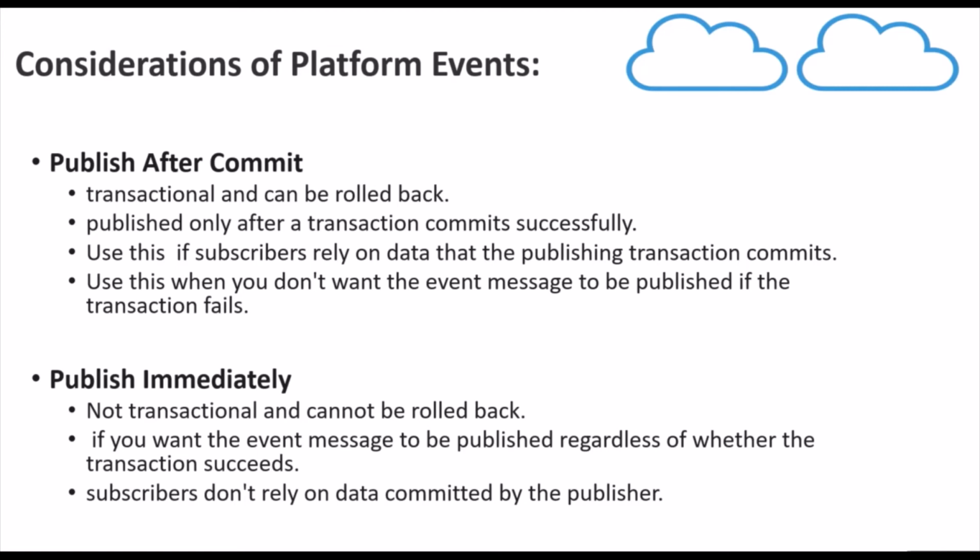The other behavior is publish immediately, and events with this behavior are not transactional and they cannot be rolled back. If you want the event message to be published regardless of whether the transaction succeeded or failed, you will use publish immediately. We use it if subscribers don't rely on the data committed by the publisher.